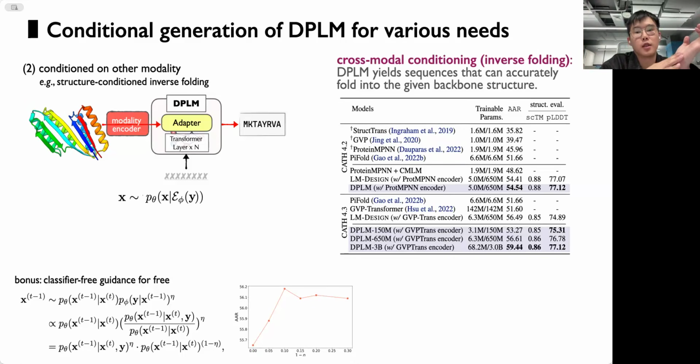For inverse folding, we use the GVP transformer as the structure encoder, and we only train the parameters of the adapter, while the rest of the diffusion language model is frozen, so it is a very lightweight and efficient paradigm.